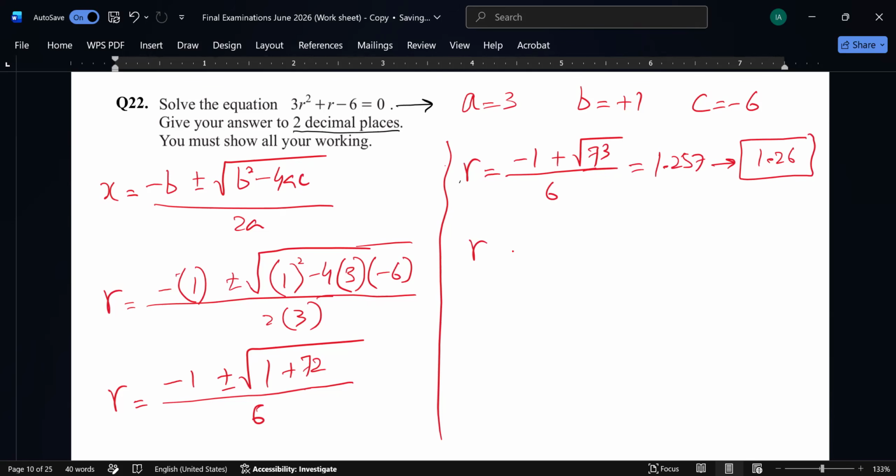So the second value of x, yes, we do the same thing, just on the opposite side. It's -1 minus square root 73 over 6. Yes, very good. Let's continue this. -1 minus square root 73 divided by 6 is -1.59.